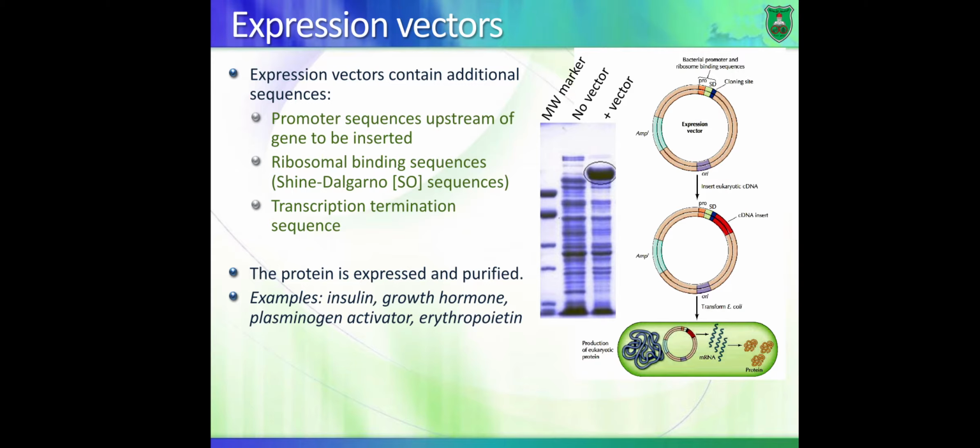Now, these expression vectors also contain three other components, and the first is a promoter sequence. This promoter would be upstream of where the gene would be inserted. And remember, upstream means in front of or before. So we use a promoter.